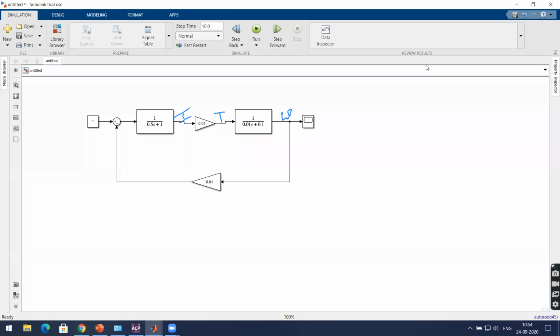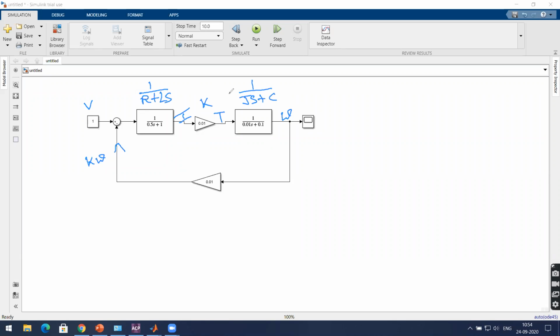What comes here is K into omega. What goes from here is voltage. What comes here is 1 divided by R plus Ls. This is a transfer function, and then this is again K, and then this is 1 divided by Js plus C.